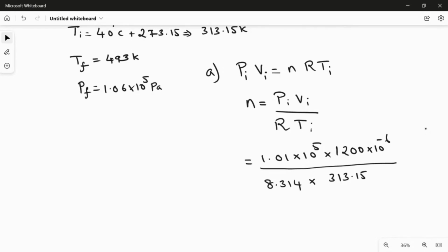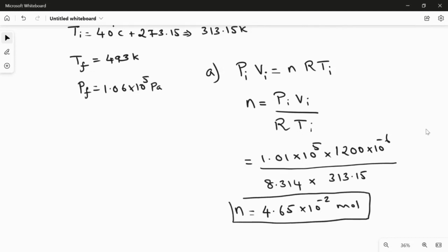Now I am going to calculate the number of moles. I got the answer here as 4.65 × 10⁻² moles. So this is the answer for the first question.